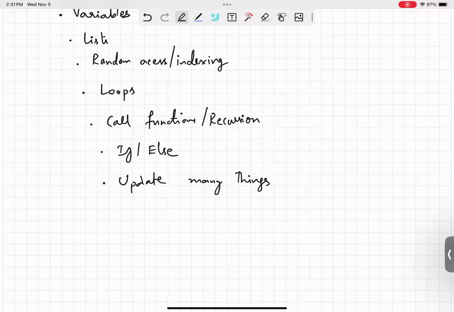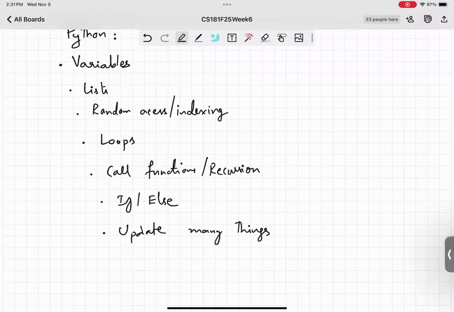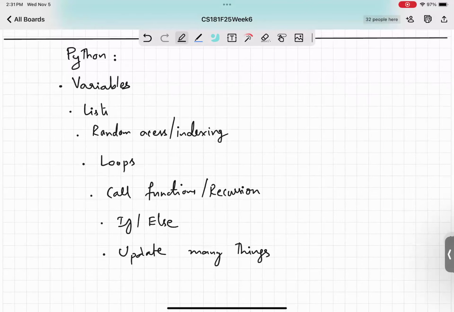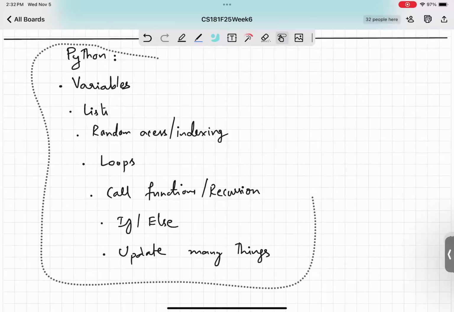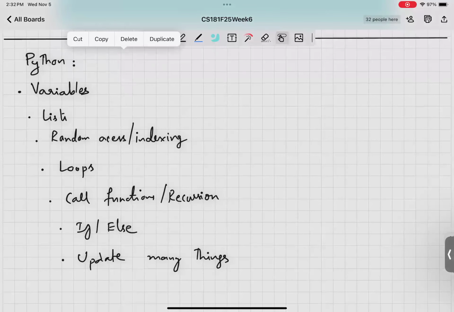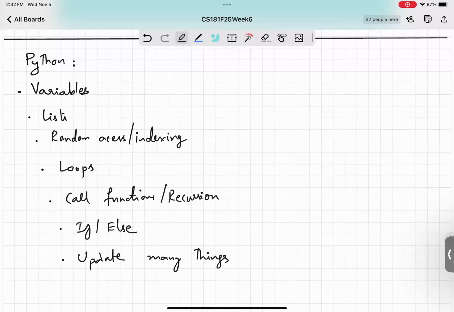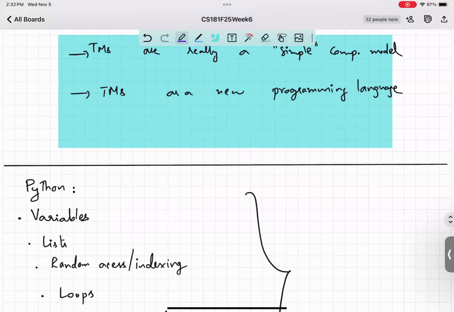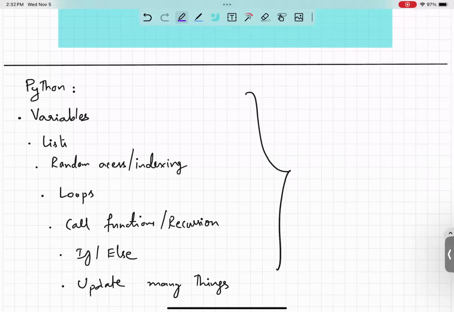We don't even think about updating many things. I can say, okay, this entire array equals this entire array. Whereas in a Turing machine, you can update one cell at a time. And this is just for Python. You can take any other programming language, and at least they will have all of these basic features. And obviously, our ultra primitive Turing machines don't have any of these.